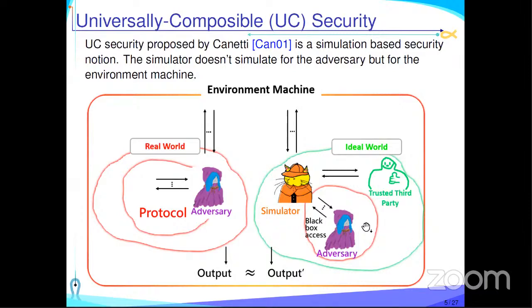So you can find that in the ideal world, everything is super secure because the functionality is processed by a trusted party. If you can show that for your protocol in the real world, for any adversary, there exists a simulator in the ideal world such that the outputs of the real world machine and ideal world machine are indistinguishable to the environment machine, then your protocol has UC security.